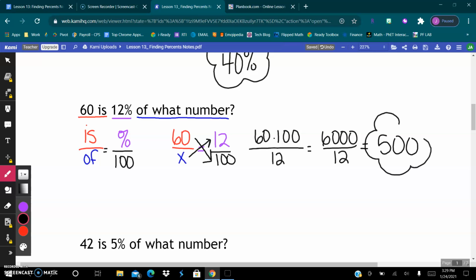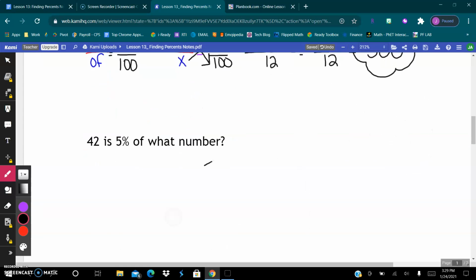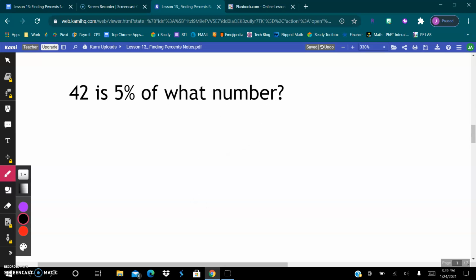So 500 is our number, so it does not get a percent sign. So be careful when you're reading your problems. If it says what percent, then you add a percent sign. If it doesn't, if you had a percent in the problem that you used, then it's just a regular number, no percent sign.